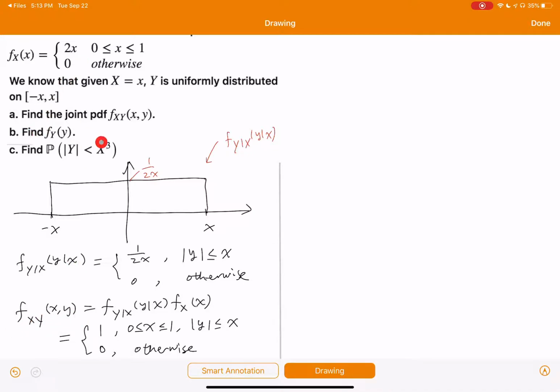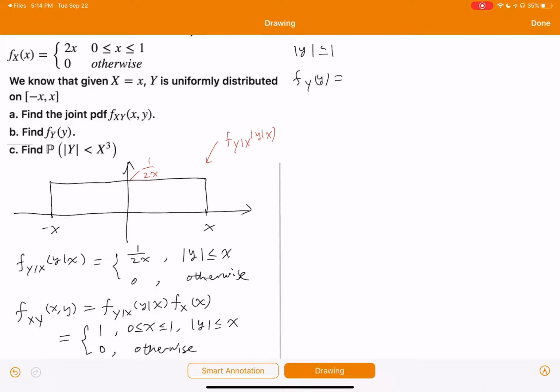Let's calculate the second one, the marginal density of y. First, let's figure out the possible values of y. Now, y is a uniform distribution between negative x and positive x. x is between 0 and 1, so the absolute value of y must be less than or equal to 1. So let's calculate f of y.